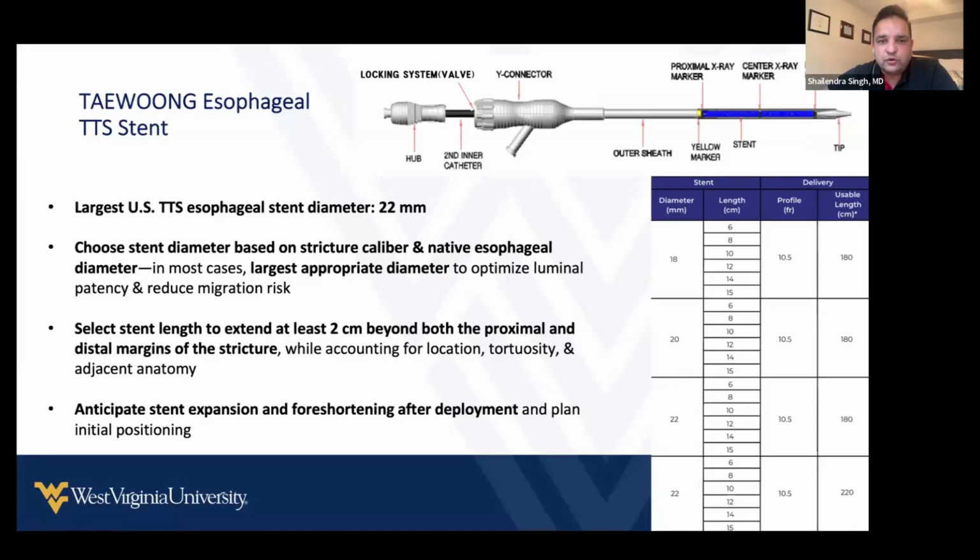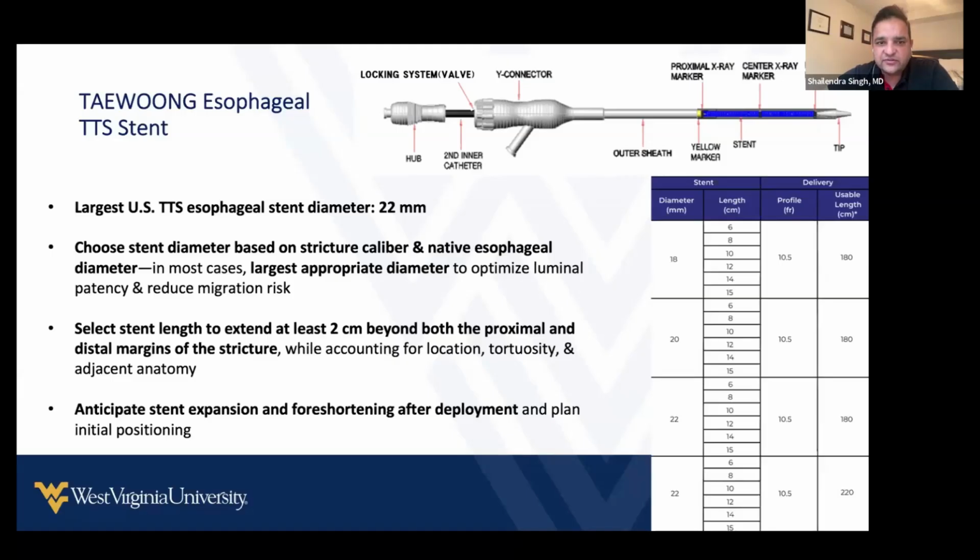So we have a very close approximation of size there. And generally, the situations we are placing these stents in, and also the off-label use, are usually not very tight strictures, perforations. This 22 mm stent has been a game changer, and we do use it a lot.